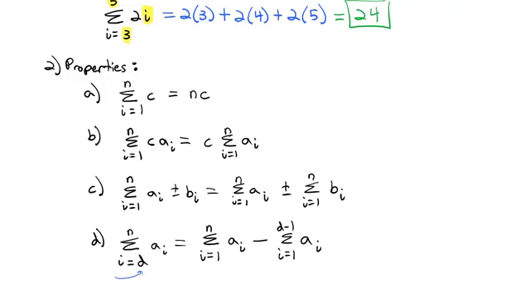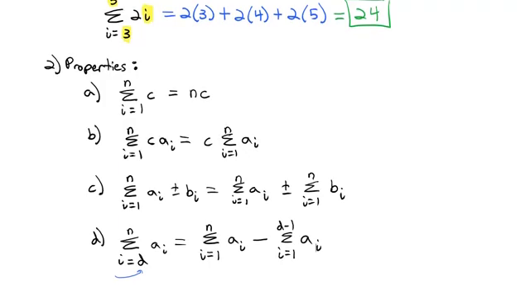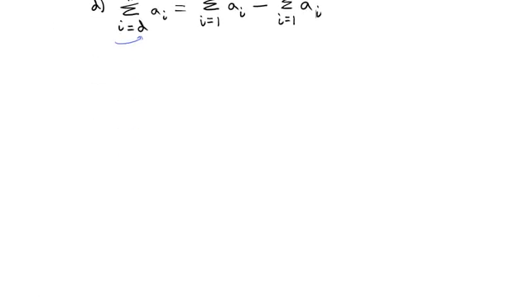So these 4 properties help us break down sigmas or sums into their pieces. But once we have their pieces, we're going to need some rules to help us actually evaluate. So I've got 3 rules for us today. The first is that the sum as i goes from 1 to n of i.